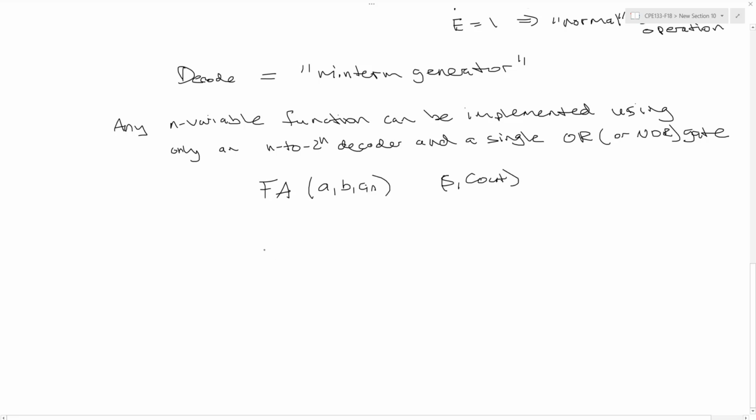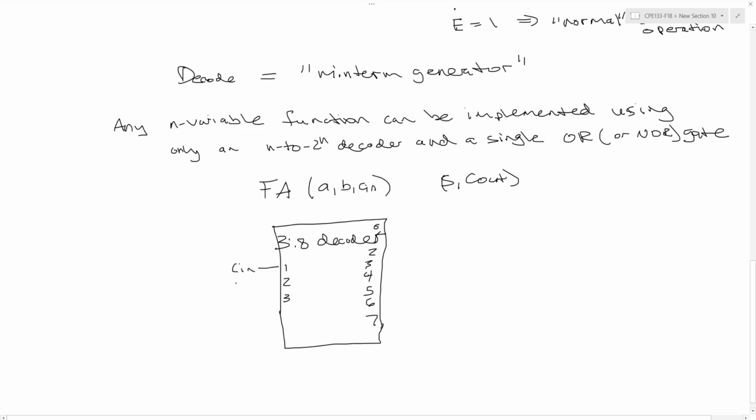So with a 3 to 8 decoder, note it's important that I label the inputs and the outputs so I know which bits are significant and the corresponding lines to the inputs. So for my full adder, I'm just going to tie my 3 inputs into the decoder inputs.